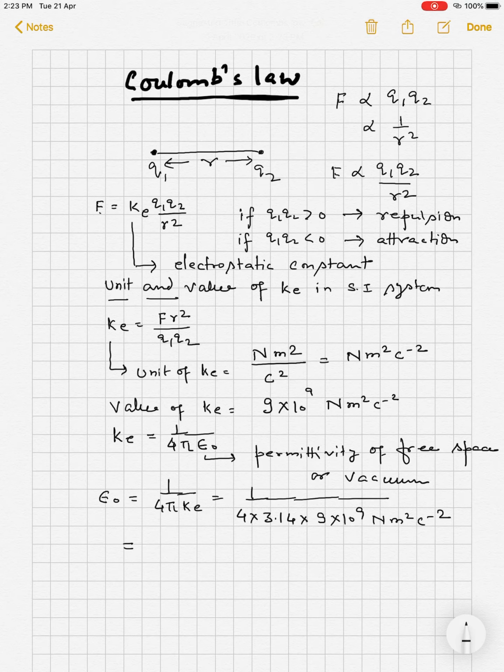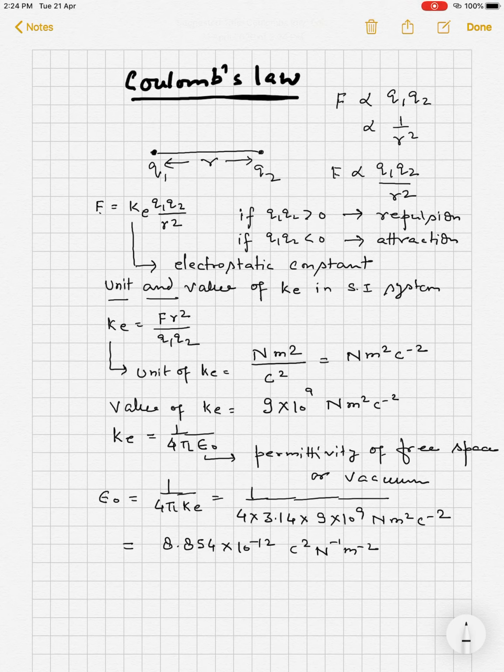So it comes out to be 8.854 into 10 to the power minus 12 Coulomb square per Newton per meter square. This value of epsilon naught is called the permittivity of free space. So here the charges are in free space, that is, the medium between the charges is vacuum or air.